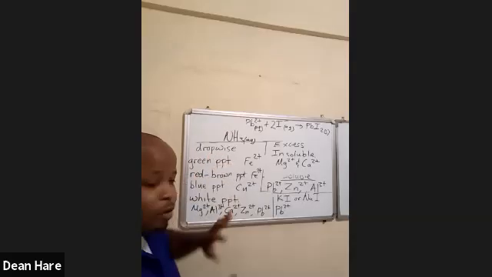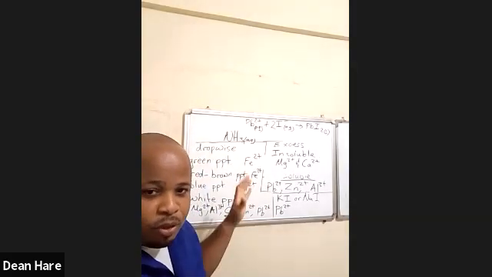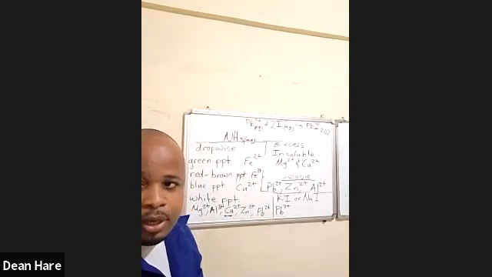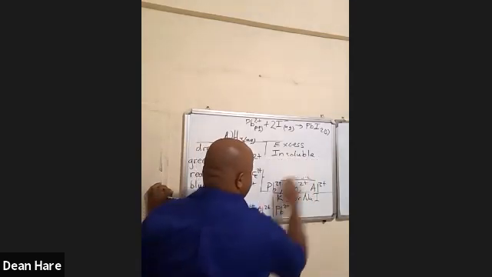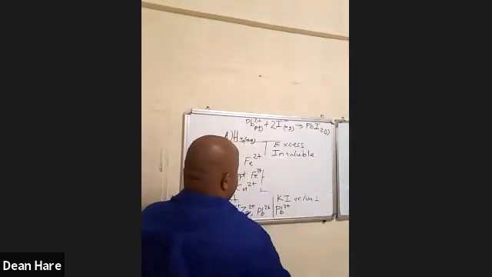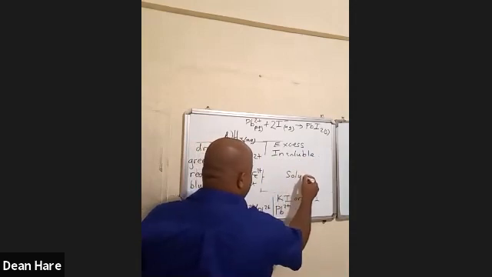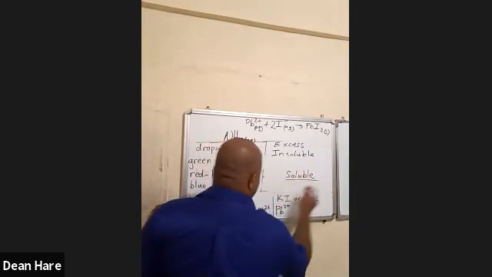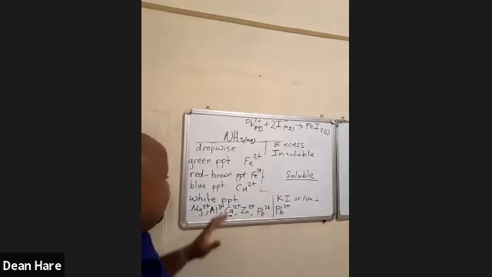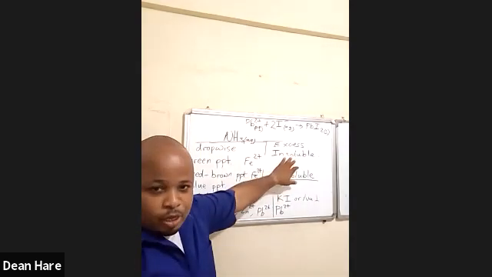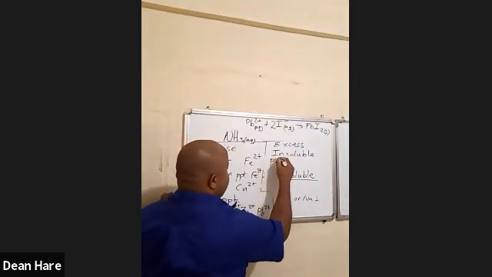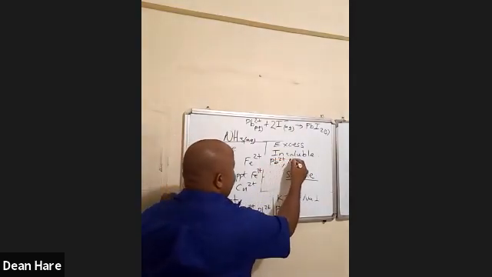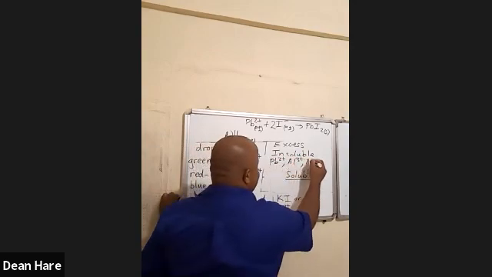Okay. Right. So dropwise, if you don't get any precipitate with ammonia, it's calcium. Now, if it is insoluble, it's lead, aluminum, or magnesium.